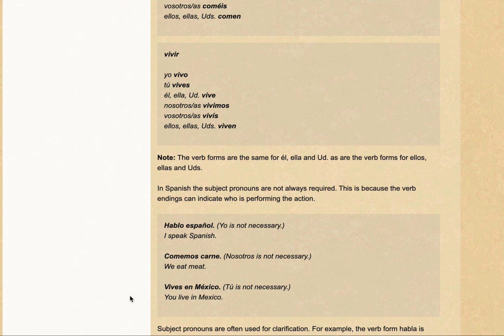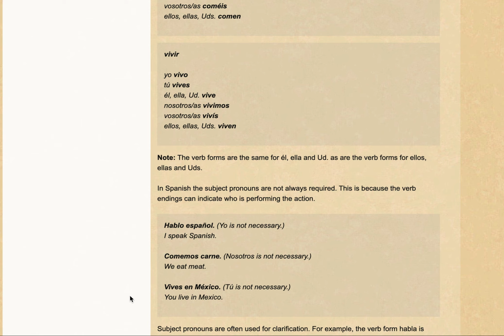We know for a fact that yo precedes hablo because the rule for yo is that we drop the ending and add an o irrespective of the form of the verb.